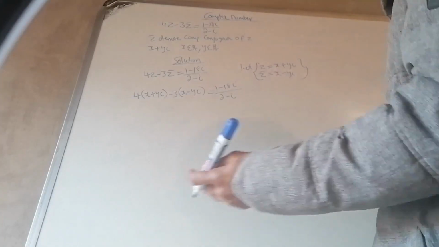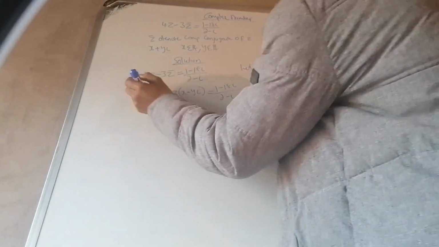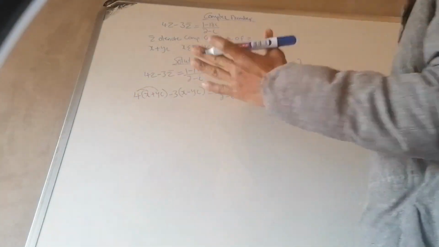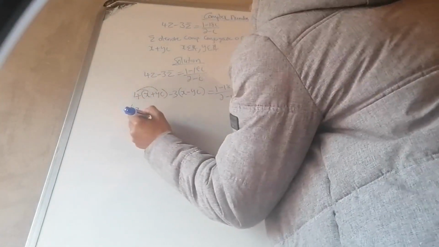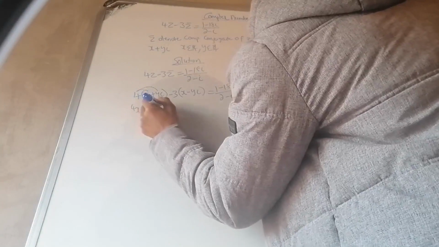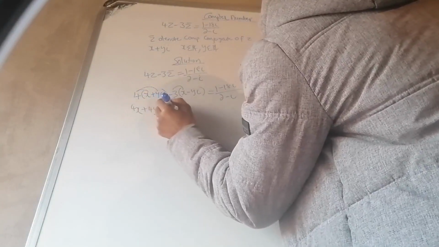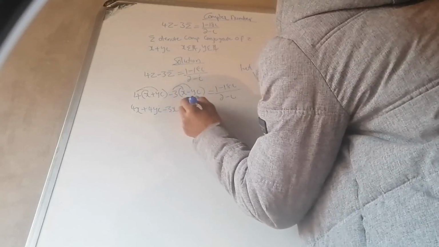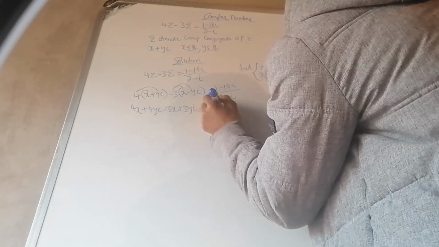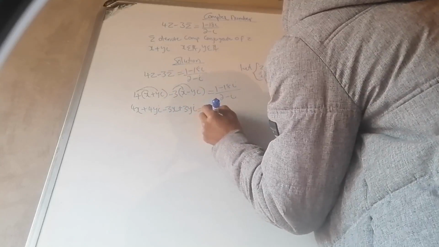The simplicity of the problem is just to multiply out. So we have 4x plus 4yi, minus 3x plus 3yi, and this must be equal to (1 minus 18i) divided by (2 minus i).